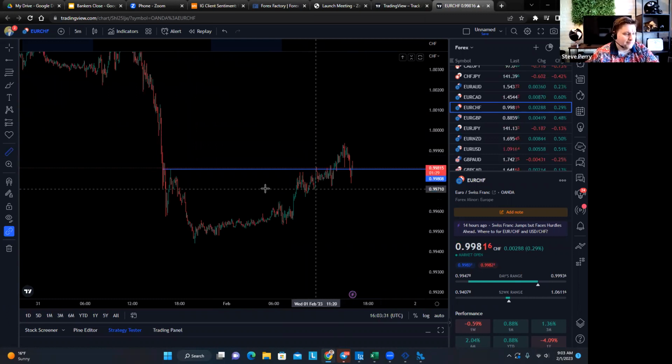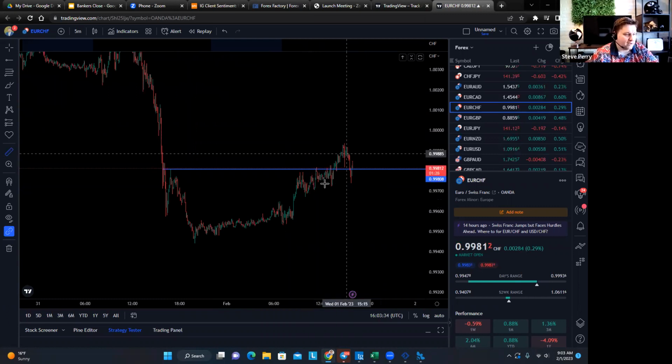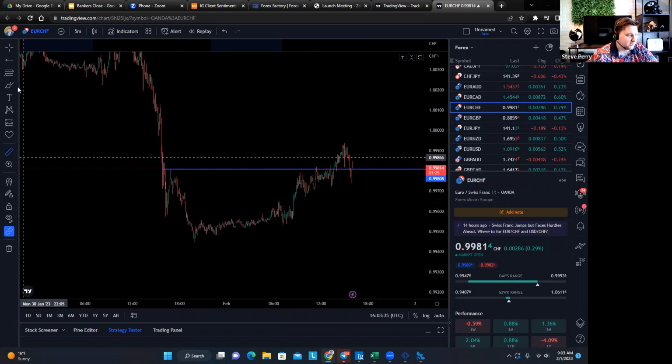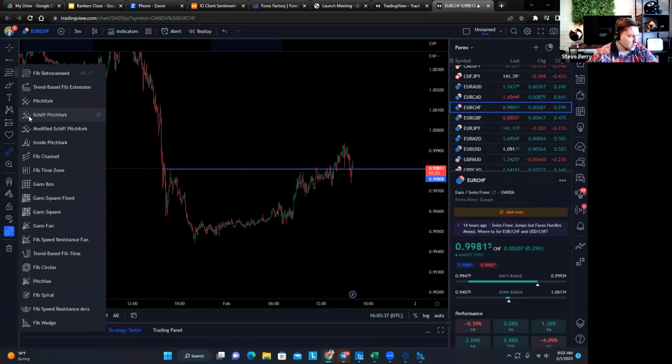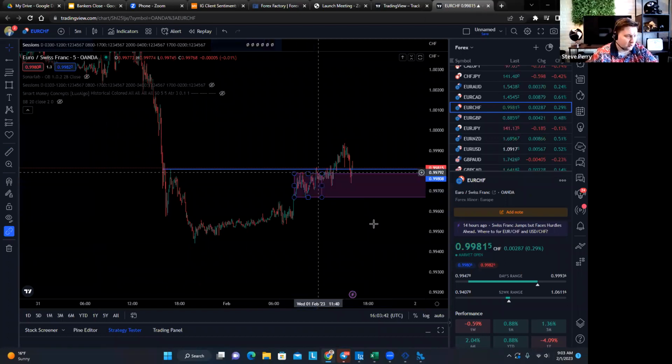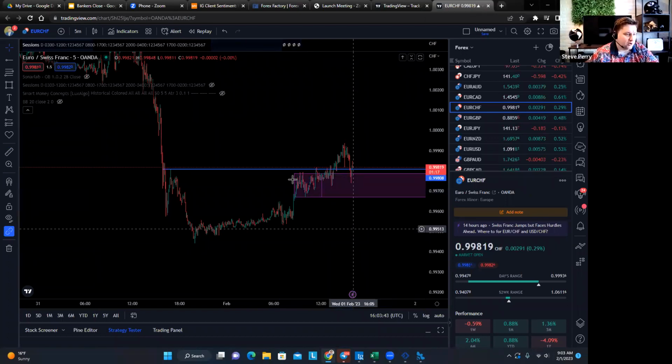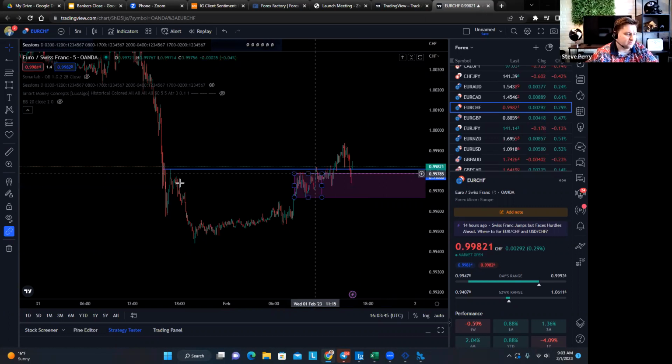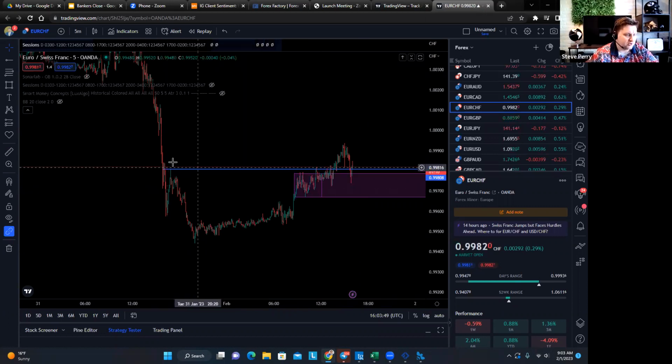So if it pulls back into some of this liquidity, that's a good sign, a good area to buy. And how do we know it's a good area to buy? Because we've got the signal that it's willing to break structure in this direction.